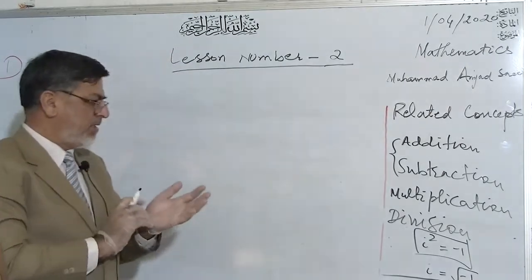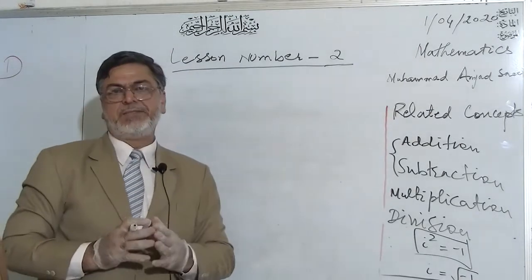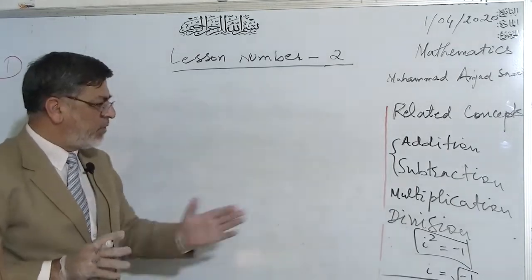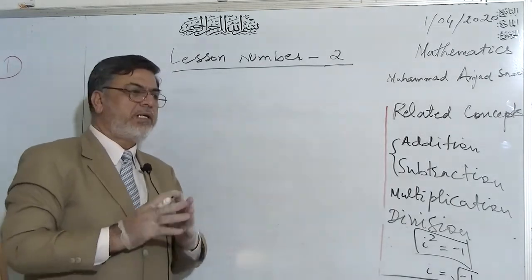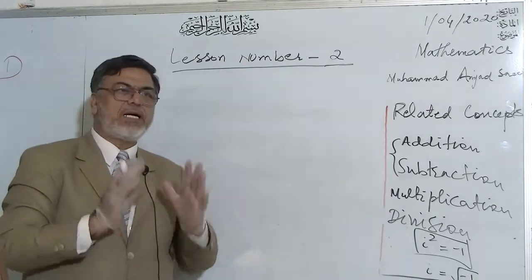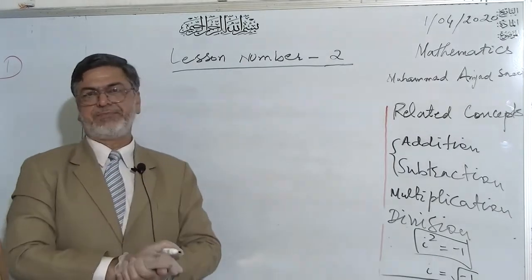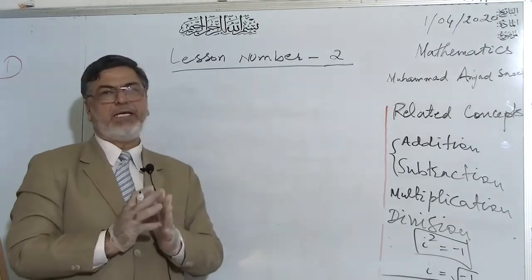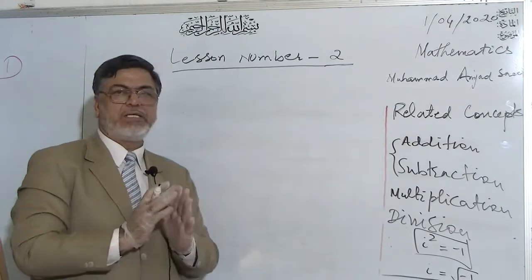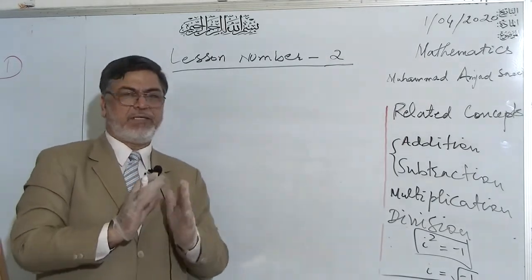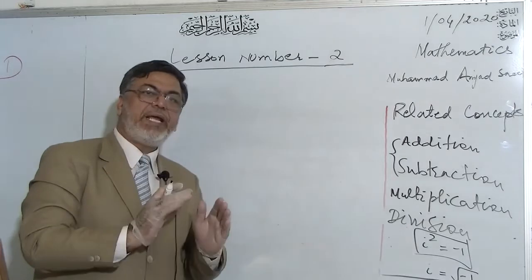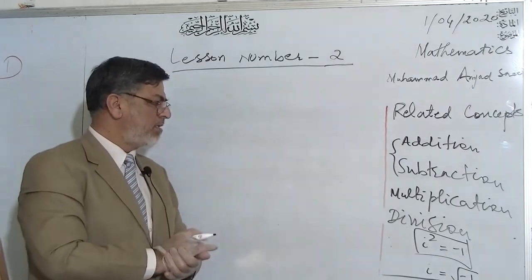In case of division, we will use the idea of the conjugate of the denominator. Basically, we want to convert the denominator free of iota.